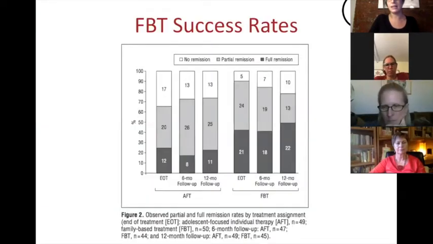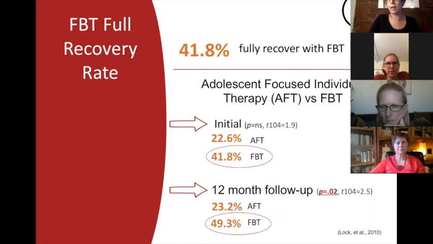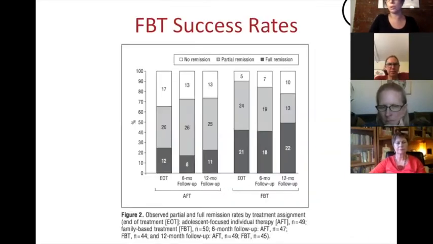That said, this slide shows full, partial, and no remission for both therapies, and that's not really that high of a rate. It's the best we have, 49.3%, but compared to other disorders, this is actually pretty low.